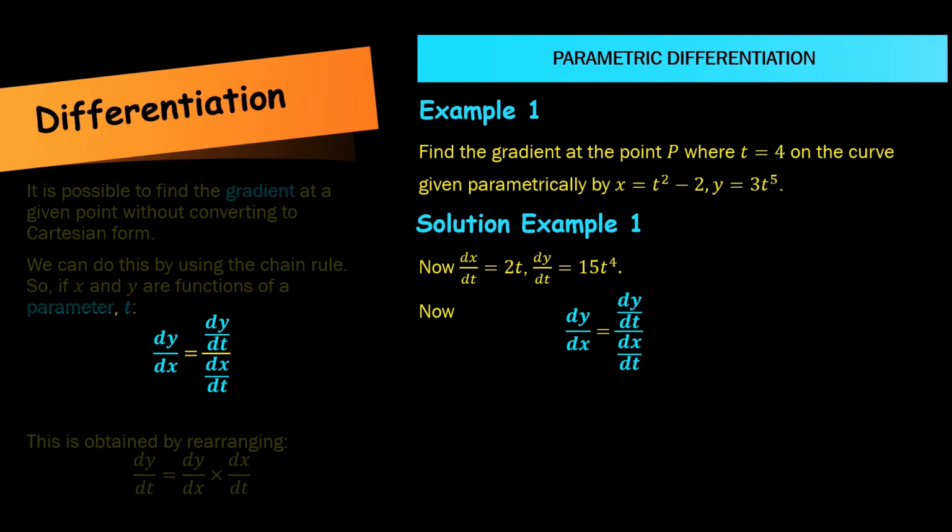So applying this formula gives us 15t to the power 4 over 2t equals dy/dx. And simplifying this expression, or cancelling out the t on the top and the bottom, we obtain 15 over 2 t cubed.